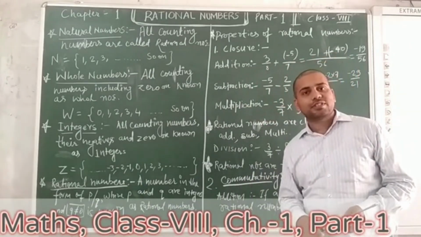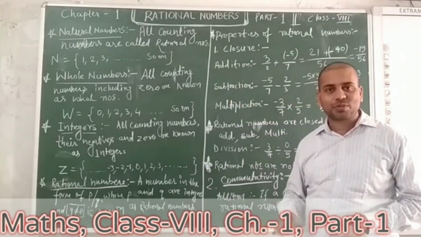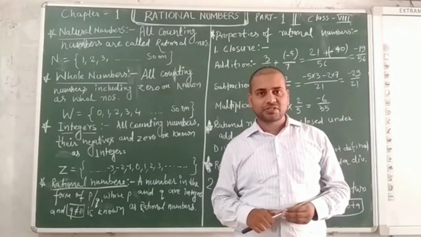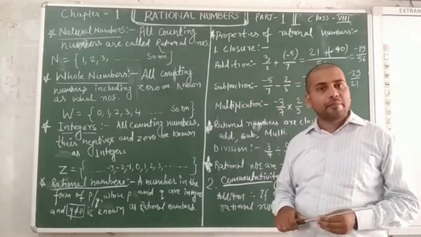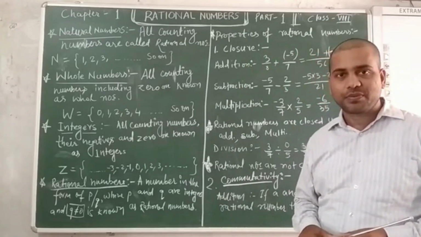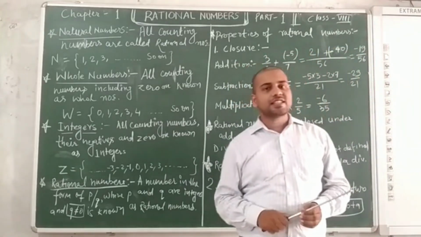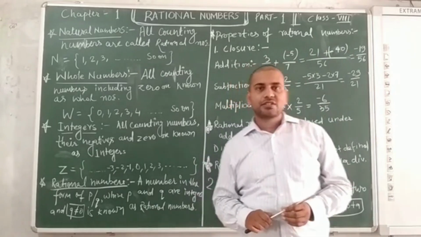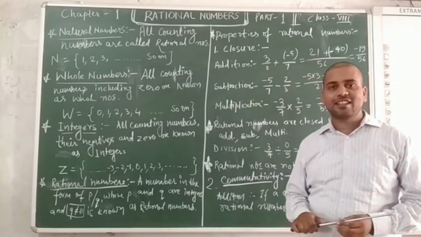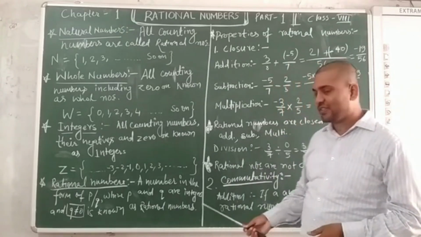Okay? Now our next topic is rational numbers, which is the name of our chapter also. Rational numbers, what are they? A number in the form of p by q, where p and q are integers and q is not equal to 0, is known as a rational number.